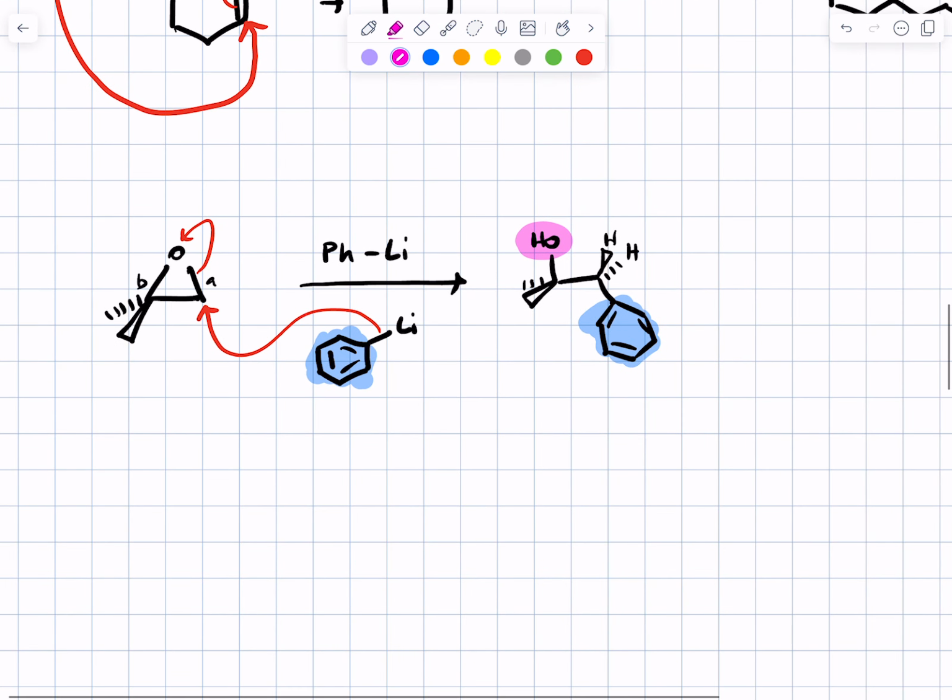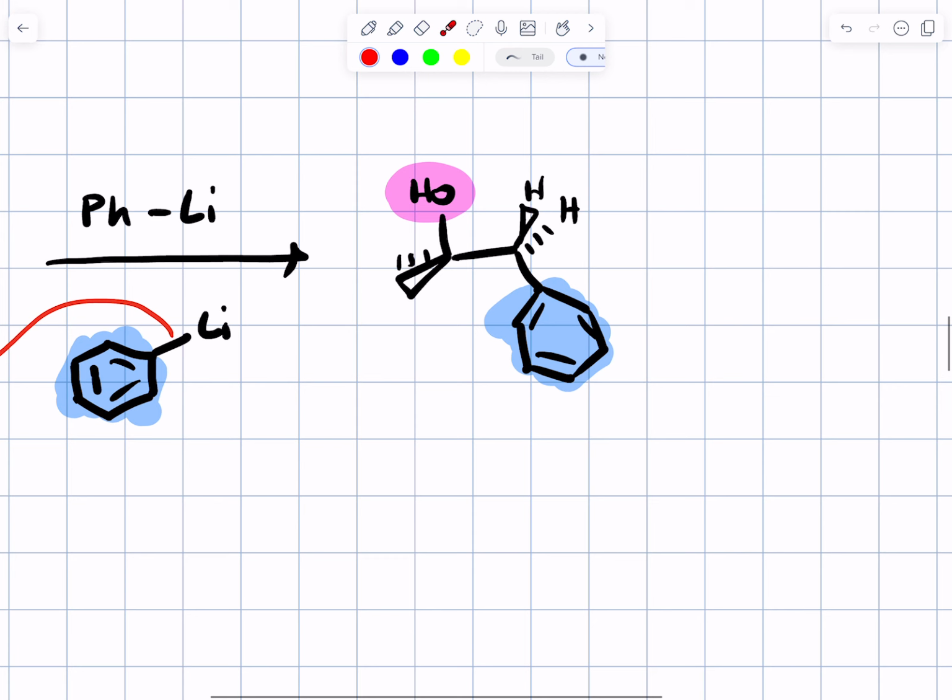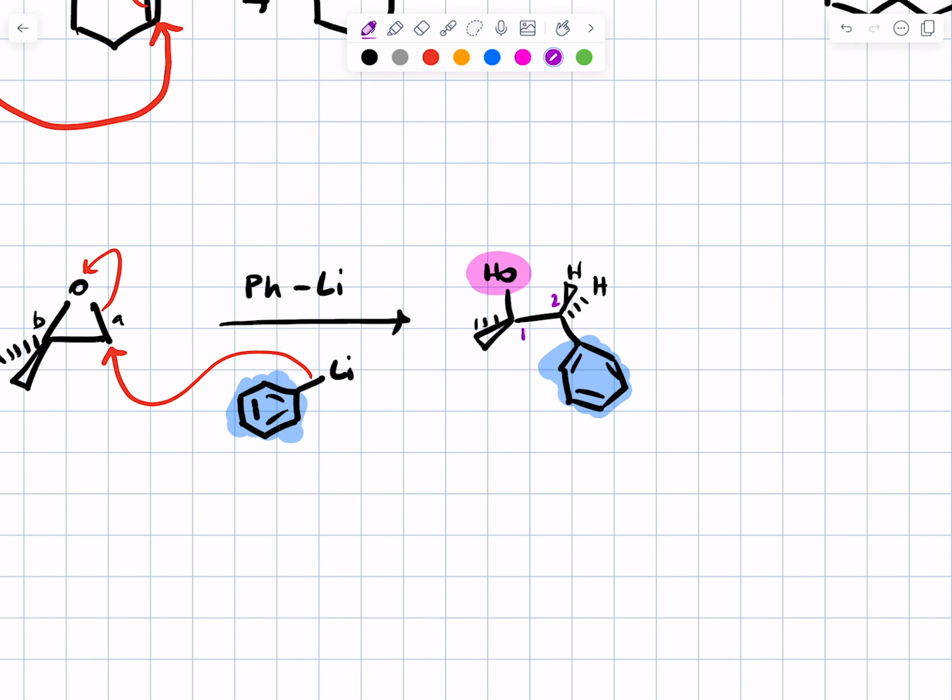So if you see a product where you have an OH and something that could have been a Grignard or organolithium reagent in a 1-2 relationship on adjacent carbons, synthetically you can think I could have made that by opening up an epoxide. This is just another nucleophile you can use when you open an epoxide.